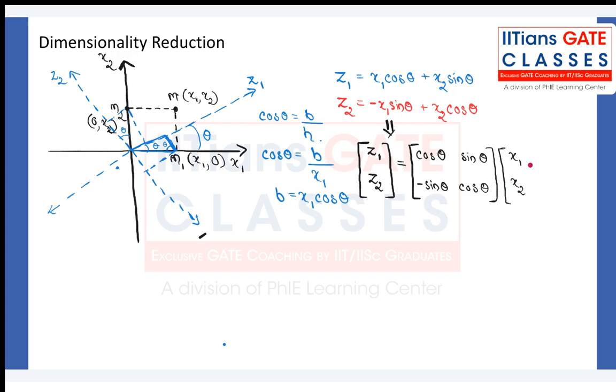Now if you do the multiplication, you will get the equations on the top. Z1 will be equal to x1 cos theta plus x2 sine theta. Z2 will be minus x1 sine theta plus x2 cos theta.